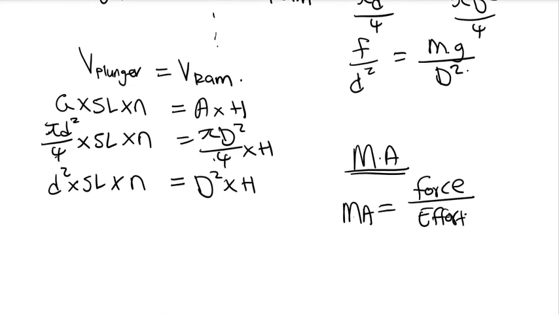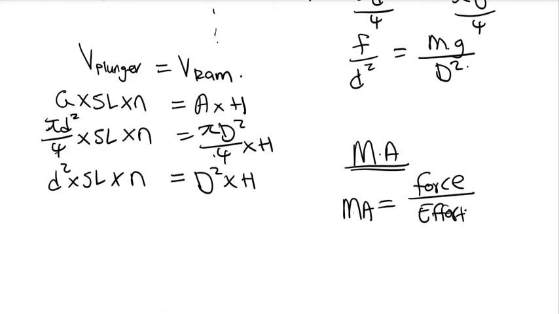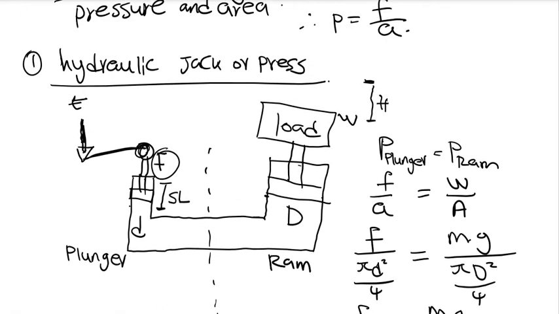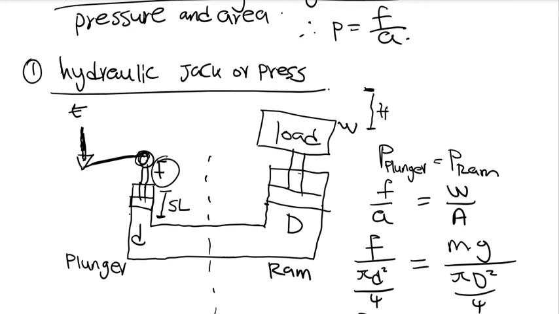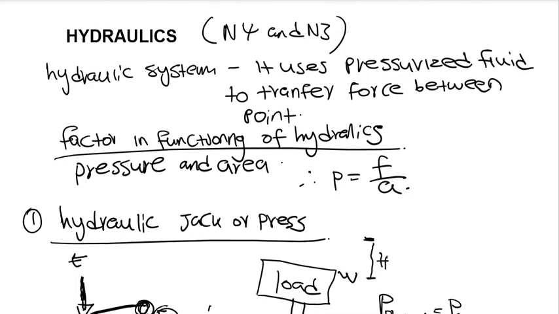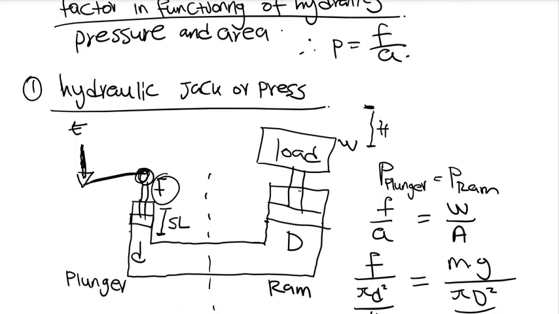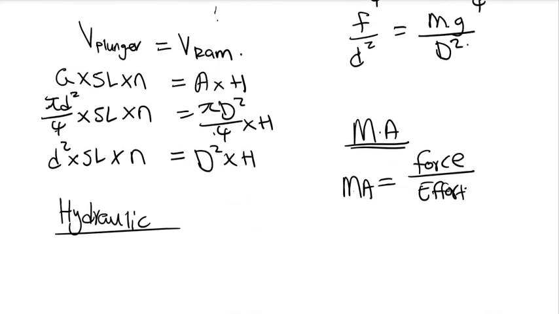So before we move to the next one, which is hydraulic pump, just know that in this chapter of N4 engineering science, we're going to focus on the hydraulic jack or press or the hydraulic pump. Hope we are clear on that.